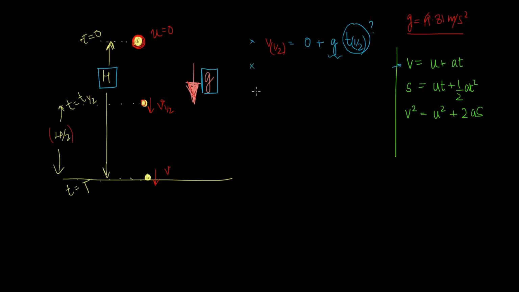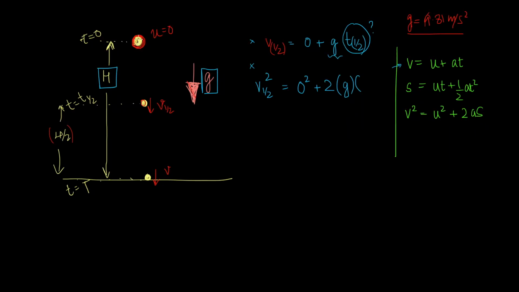The last equation says the final velocity square equals initial velocity square plus 2as. Alright, so final velocity square is v half square, initial velocity square is just 0 square, plus 2, and a, which is g, and s. S is the height it has fallen.